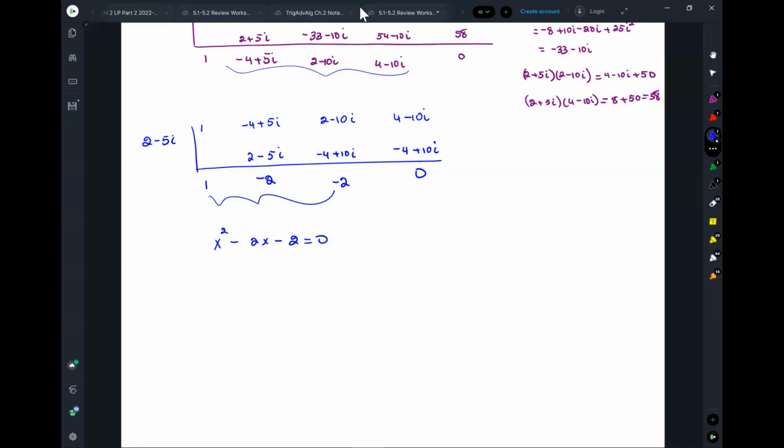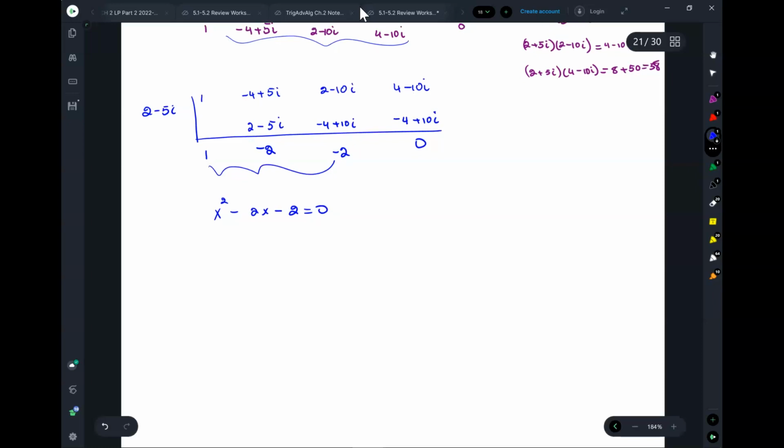Okay, you can't factor this. So you have to use the quadratic formula. Negative b plus or minus the square root of b squared minus 4ac over 2a. So this is 2 plus or minus root 12 over 2.